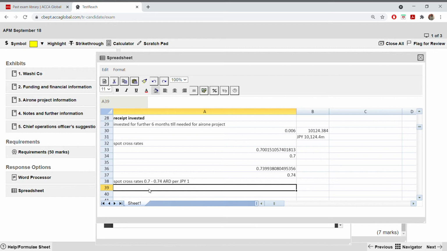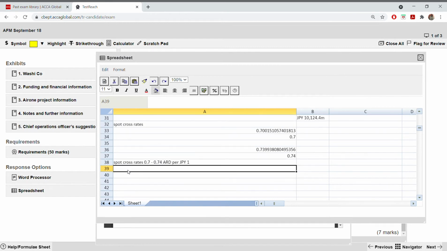So now expected ARD per Japanese yen conversion spot rate, because you are not being given the spot rate directly in 12 months.